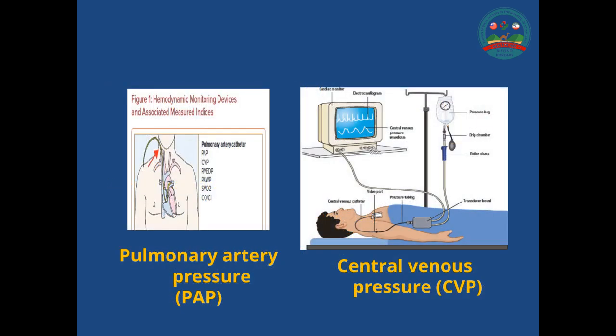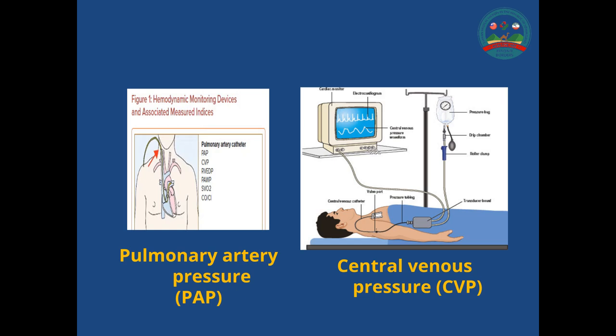These images help us visualize where CVP and PAP are measured in the body. On the right, we see the setup for central venous pressure. The catheter sits in the vena cava or right atrium, and the transducer system displays the venous waveform. CVP reflects venous return and right ventricular preload. On the left, the diagram shows pulmonary artery pressure measured with a pulmonary artery catheter.